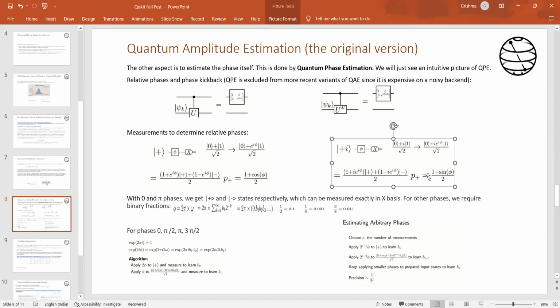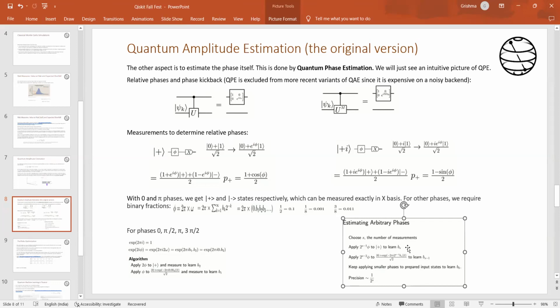A few things to note are phase kickback and measurements. And there are other details here. So for example, this small algorithm that I have just mentioned here and even here are talking about that. You apply a phase gate, and then once you measure, you can actually learn your phases.